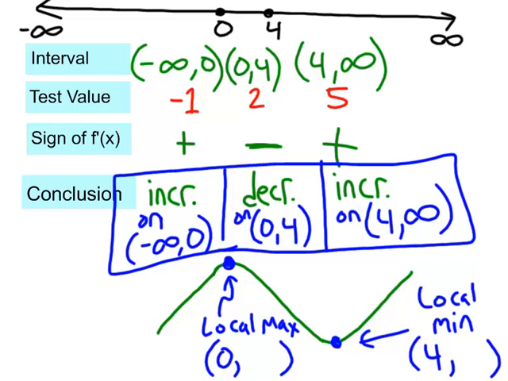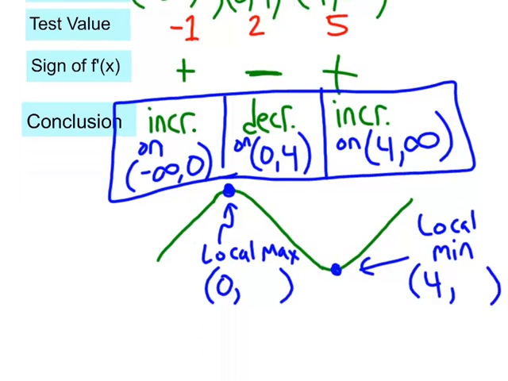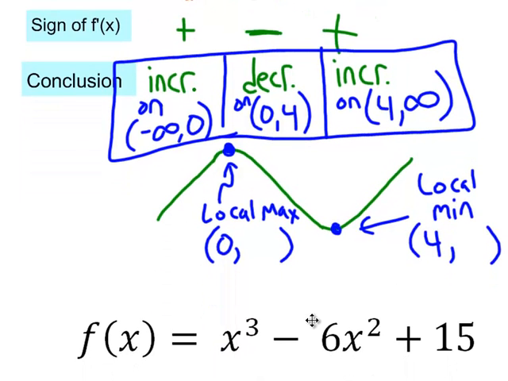And finally, we just need to find out what the y values are. And I go to my original equation, and if I were to plug in f of 0 equals 0 minus 6 times 0 plus 15, clearly I would get a 15 here.